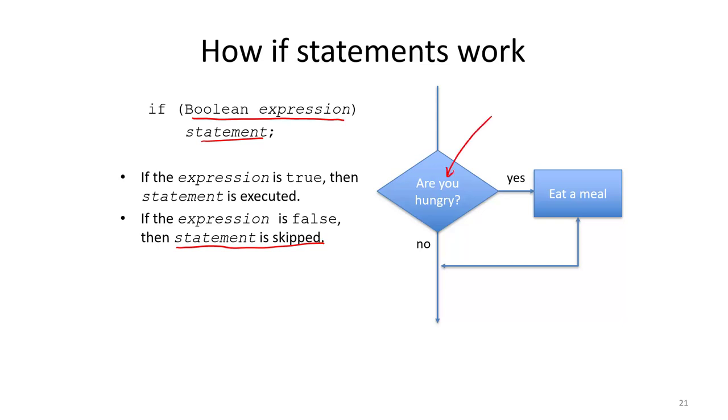For example, take a look at this flowchart. Are you hungry? This could be our Boolean expression. If hungry is true, if we are hungry, then we eat a meal. That's the statement in here. But if we are not hungry, the statement is skipped and our program proceeds to the next section.